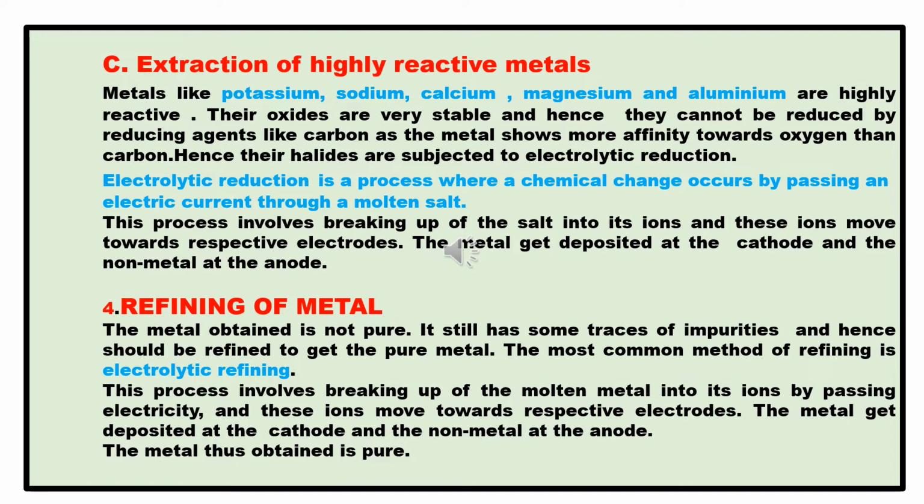So the common refining process of metal is electrolytic refining. For that we use the molten metal in a tank and pass electricity through that. When electricity passes through that molten metal, it decomposes into positive ions and negative ions. And the metal ions, that is positive ions, move towards the cathode and get deposited on the cathode.